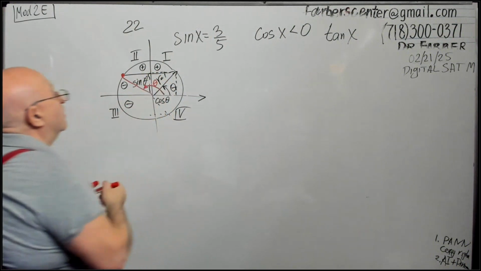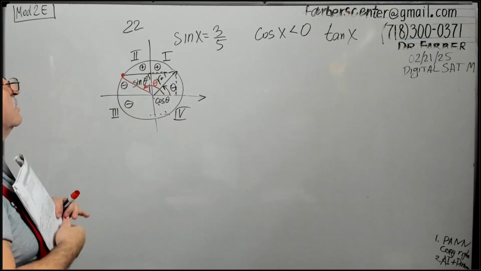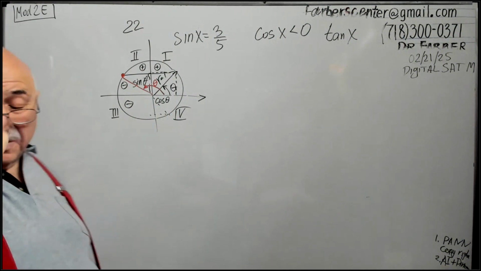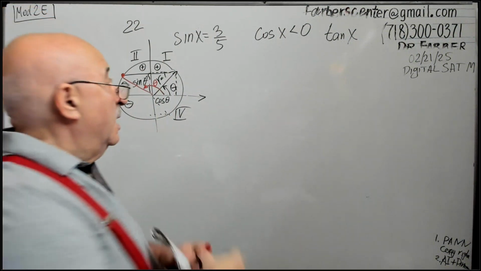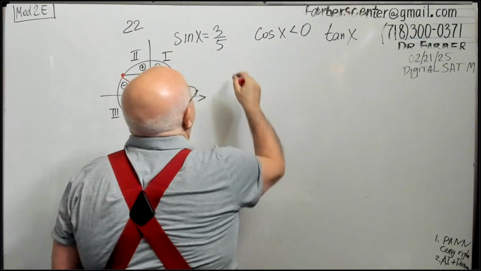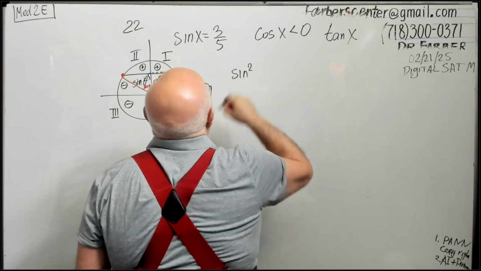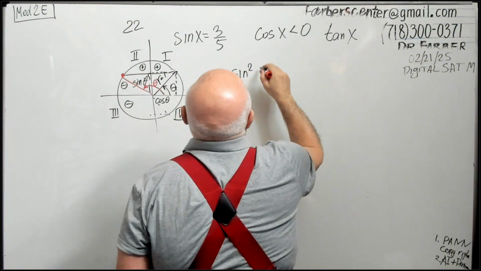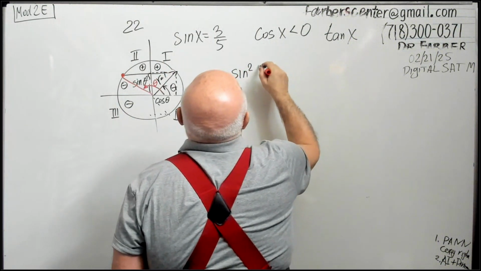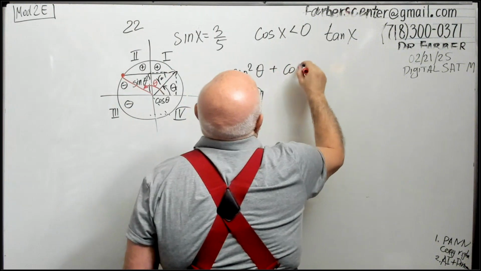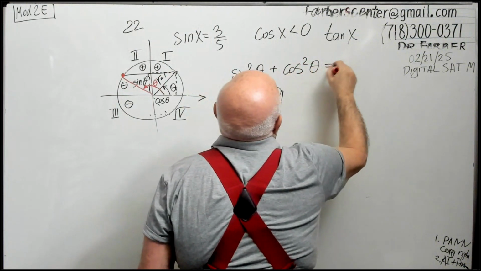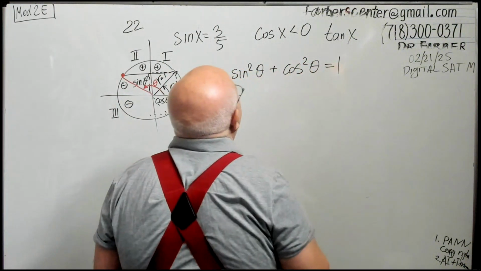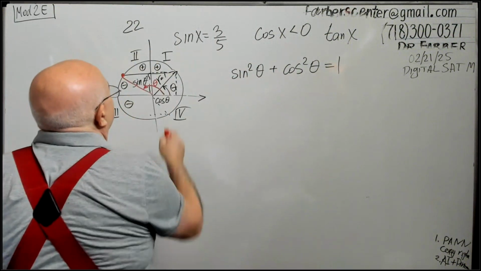This is important to find whether sine is negative or positive. Now, after that, we have the formula, the Pythagorean identity, we name it: sine squared of theta plus cosine squared of theta equals 1. It obviously comes even from here.